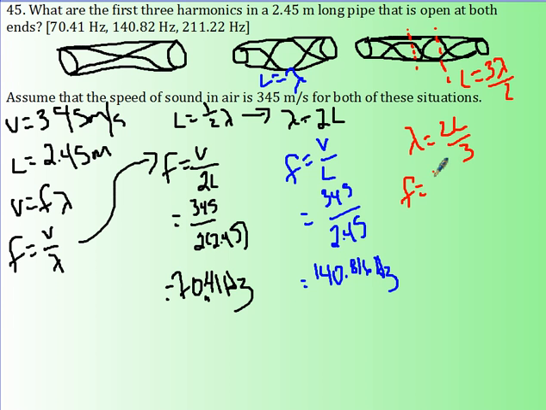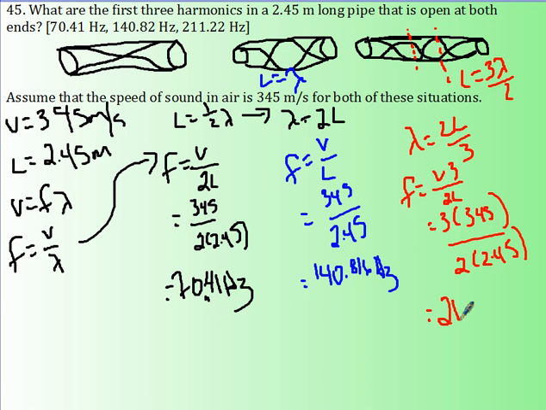So the frequency is V divided by 2L divided by 3, so it's 3 times the speed, which was 345, divided by 2 times 2.45. So 3 times 345 divided by 2 divided by 2.45 gives me 211.22 hertz.